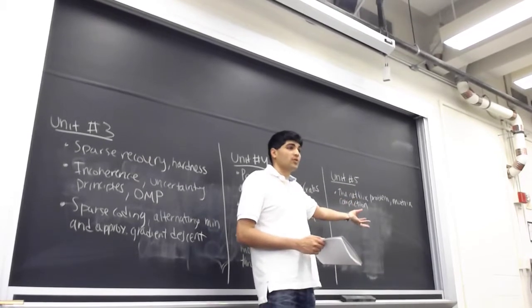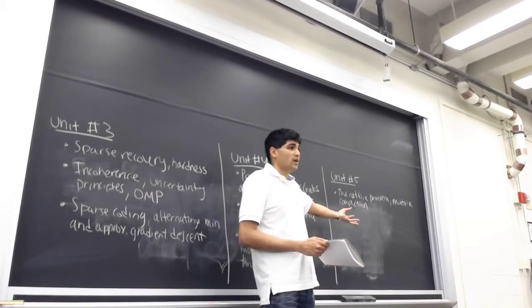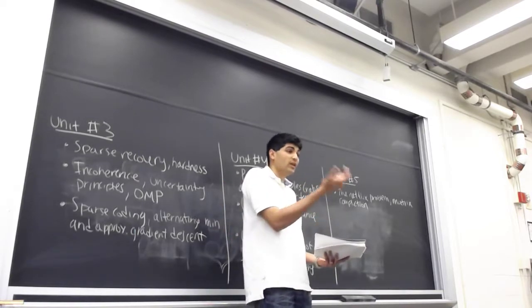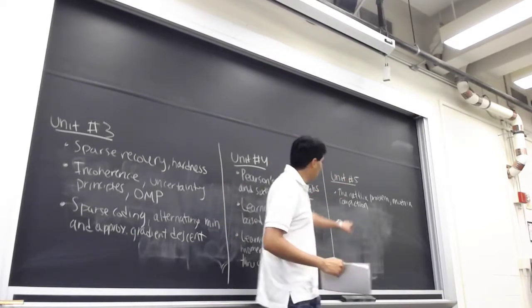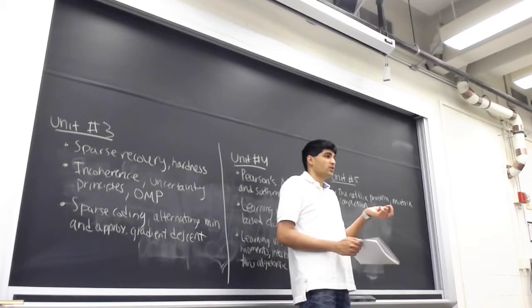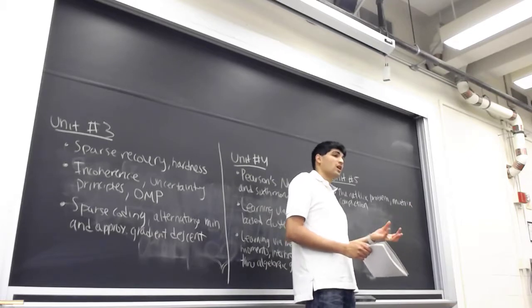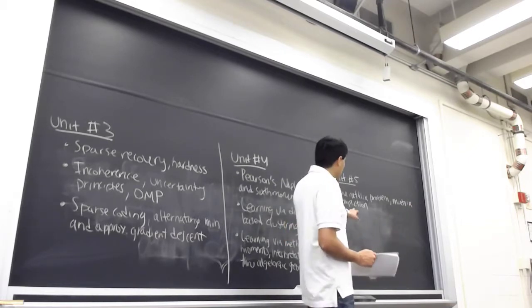You're given some structured samples from a structured object. You can think about even sparse recovery as being in this setting where you're given linear combinations. In matrix completion, you're given single observations and you want to be able to reconstruct a structured object, but in a computationally efficient way. So this area goes much deeper.